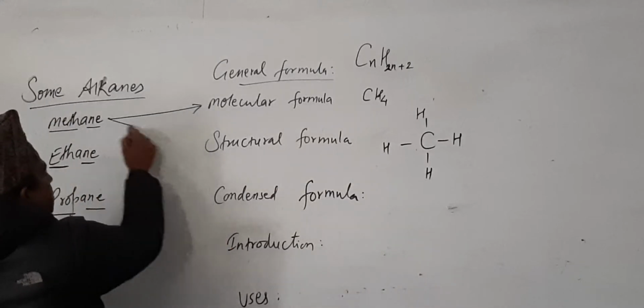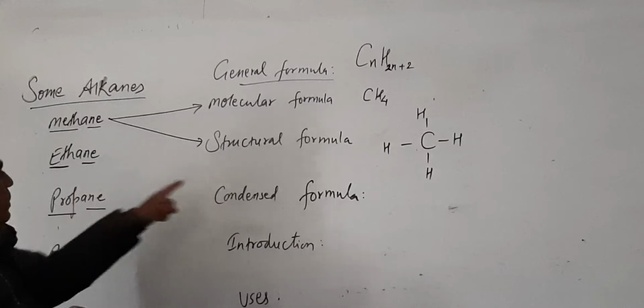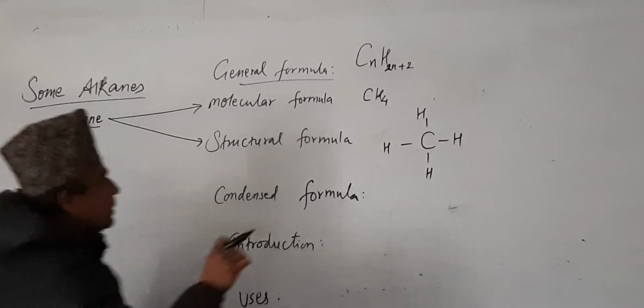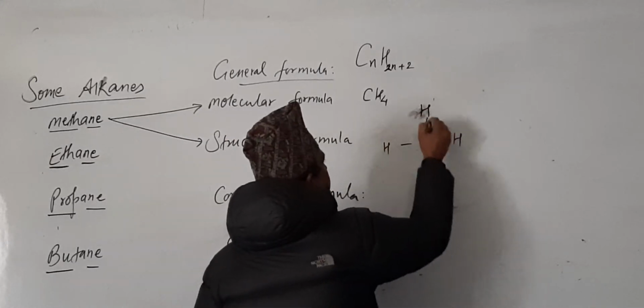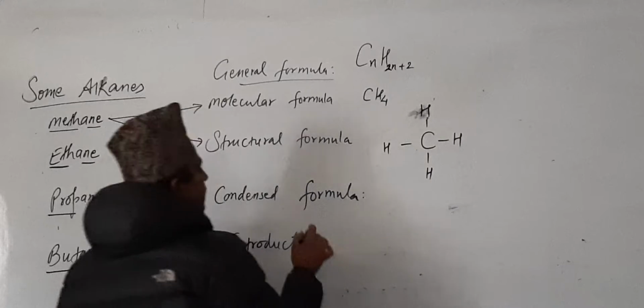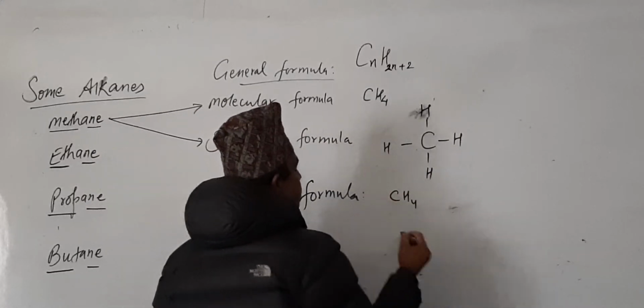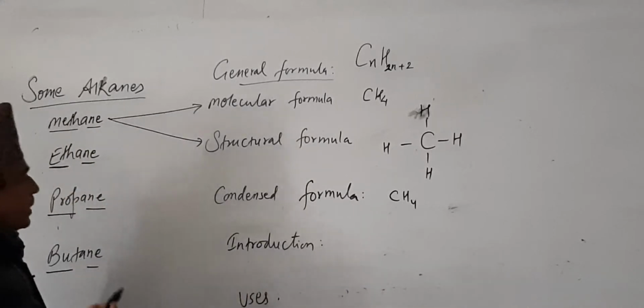The molecular formula is CH4. In the structural formula, C is at the center, and in every direction there is hydrogen. You can mark H over here. Condensed formula is the same, CH4, because there are no more carbon atoms here.